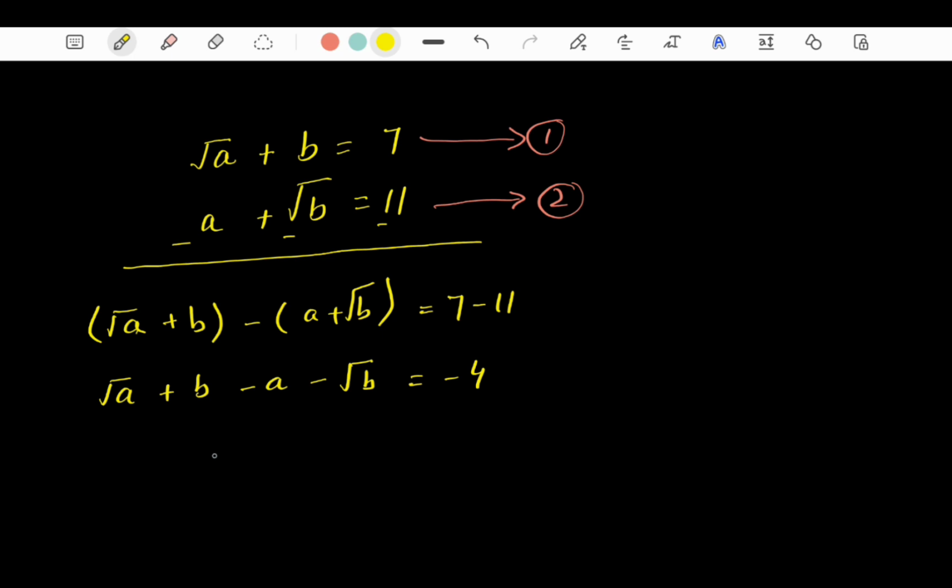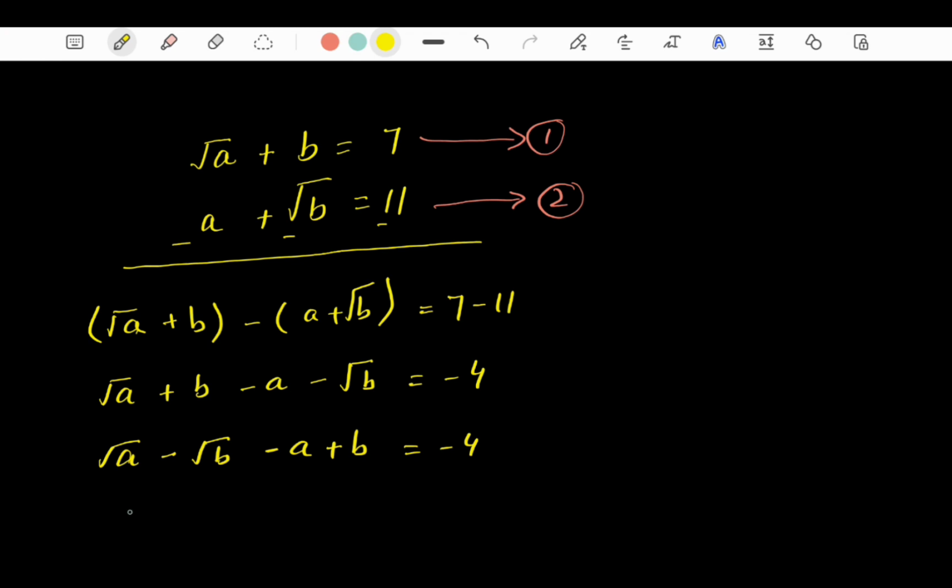And if we arrange the terms, we will get square root of a minus square root of b minus a plus b is equal to minus 4.